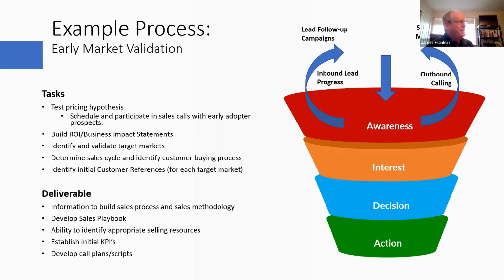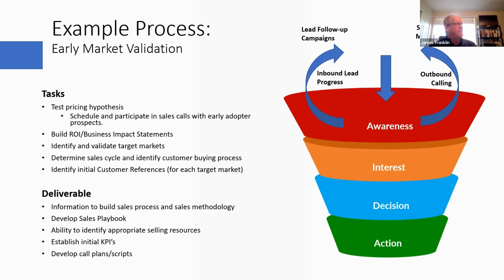But again, this is not rocket science, but you have to do each step, because if you're not doing it, you will pay the price, I can assure you. And I will add that there is no silver bullet either. But it's just like, okay, you've got to drive awareness, then interest, then decision, then action, right?